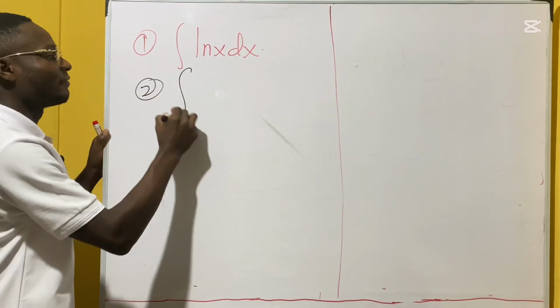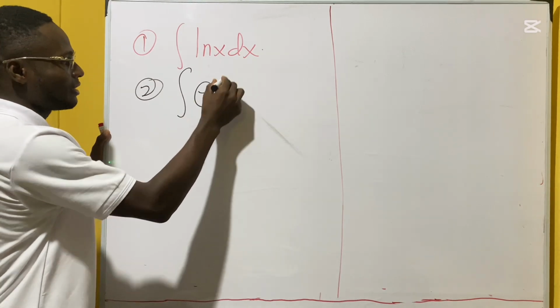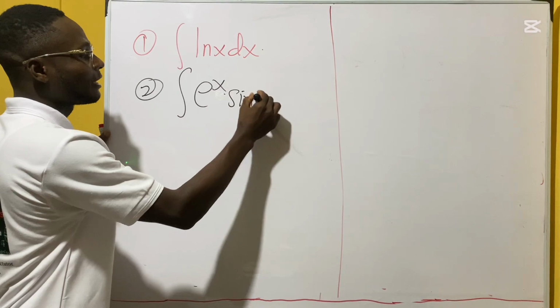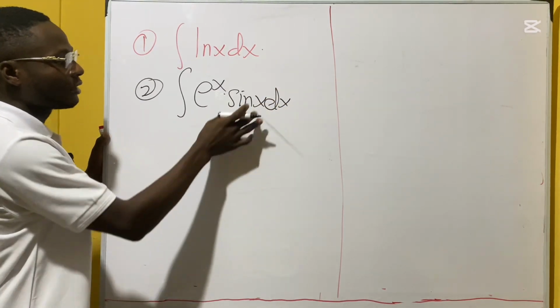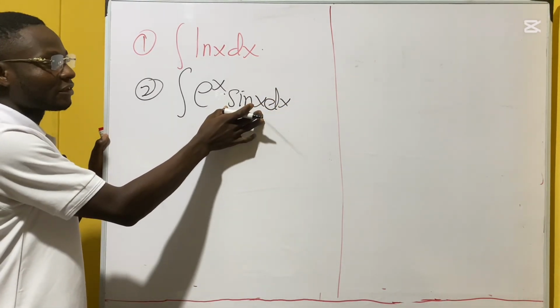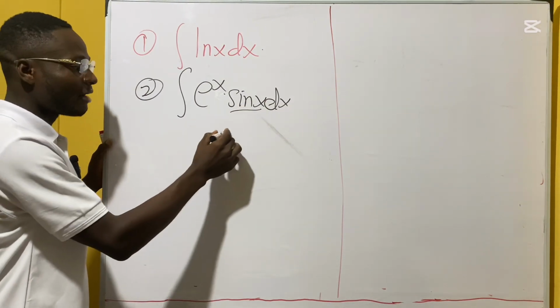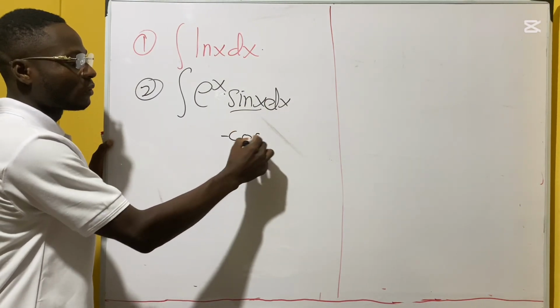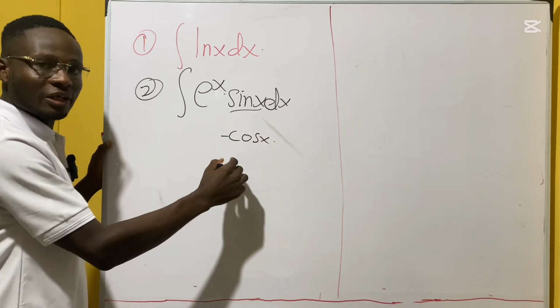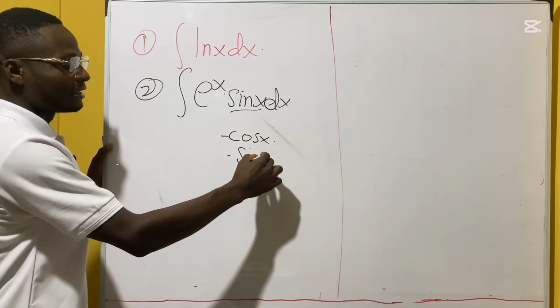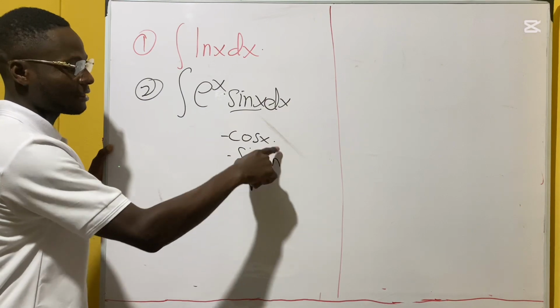when you have a function like this, an exponential function and a cyclic function. This is a cyclic function. Of course, when you integrate sine x, you have negative cos x. When you integrate again, you have negative sine x, right?